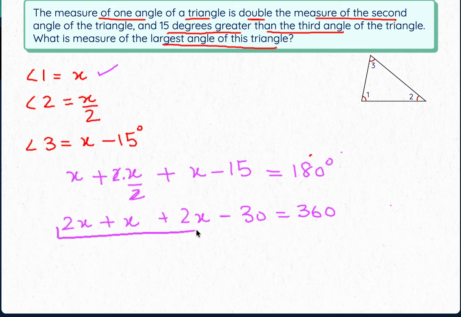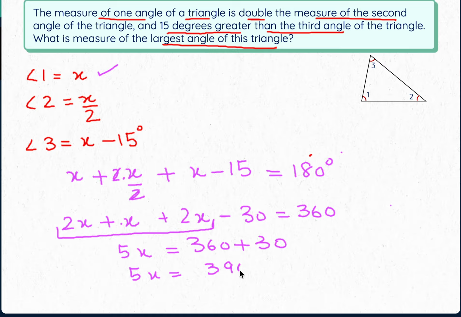Okay, solving for x, these are the three like terms. 2 plus 1 plus 2, 5x is equal to 360 minus 30, so we'll add 30 on both sides. So this is what I'll get: 5x is equal to 390, right?